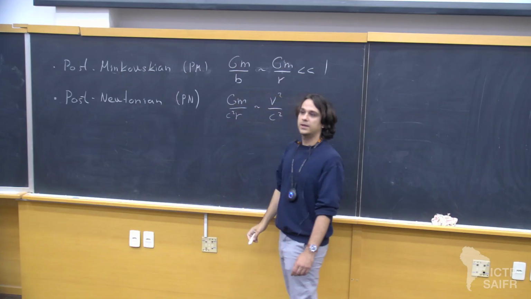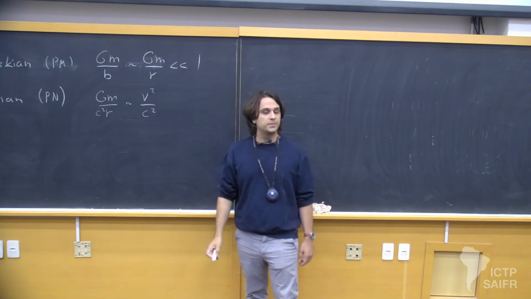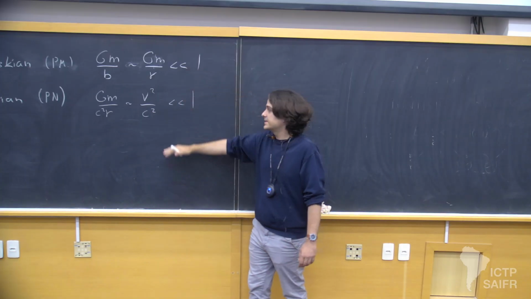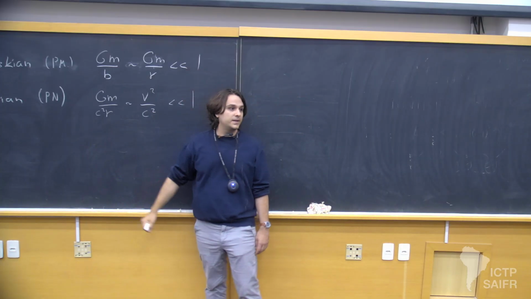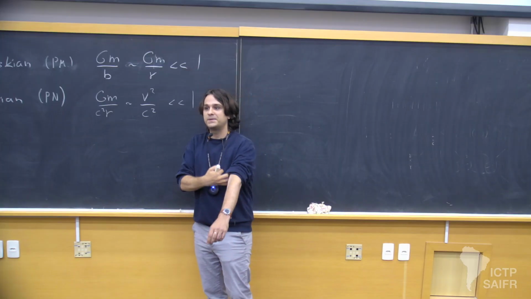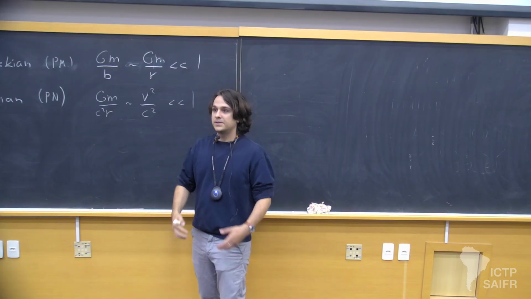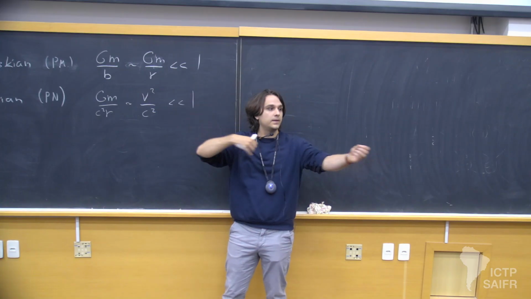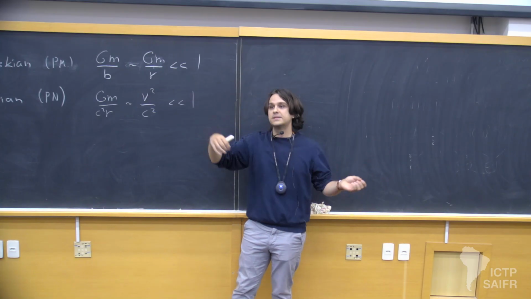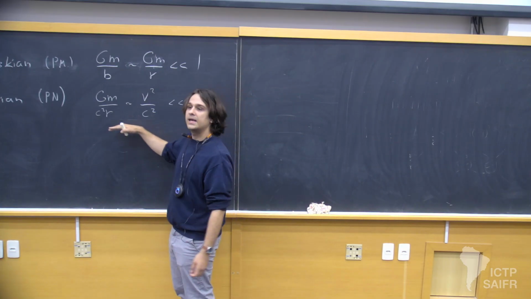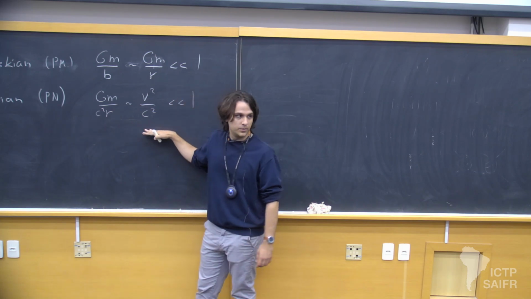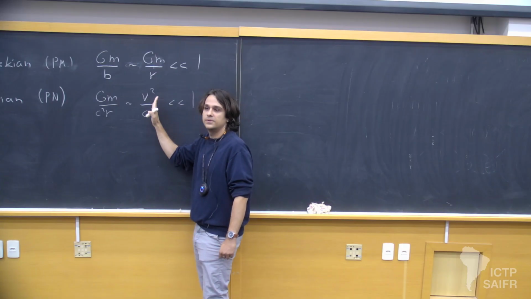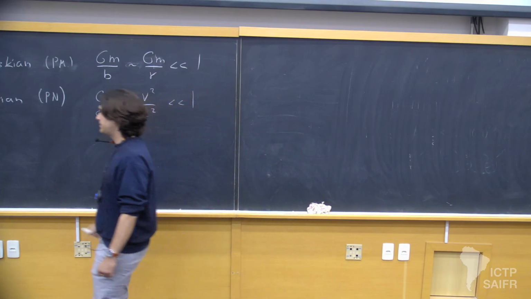This is just the equality of kinetic energy with potential energy, and they're both small. This is, for instance, the regime that we have in a binary merger that we observe in gravitational observatories in the so-called inspiral phase. When they're very far away from each other and slowly moving, getting closer, but very slowly because they're virialized. If they're far, then they're going to be moving slowly. So one of the goals will be to understand how to do this velocity expansion. But first, we will do the other one.